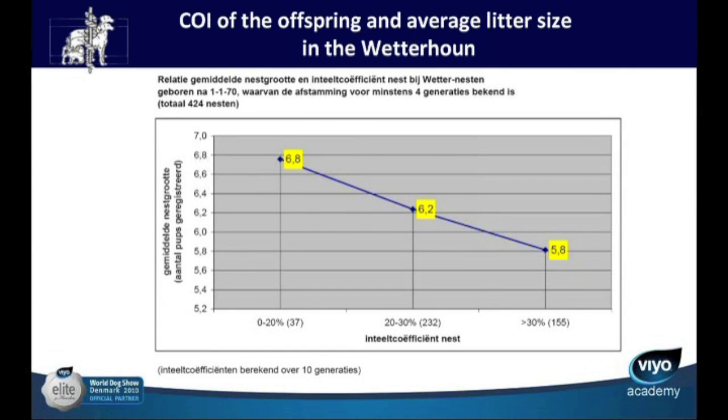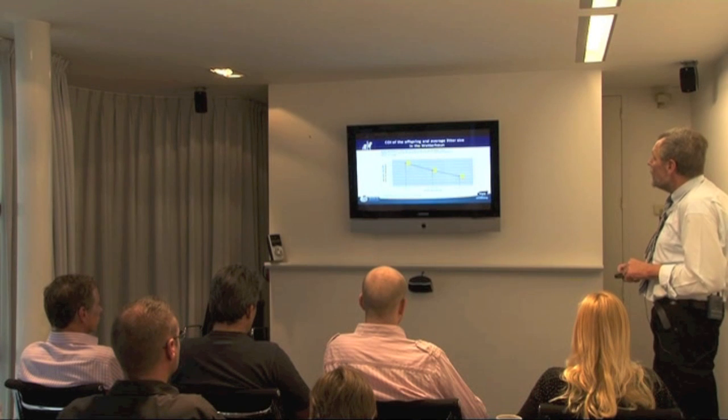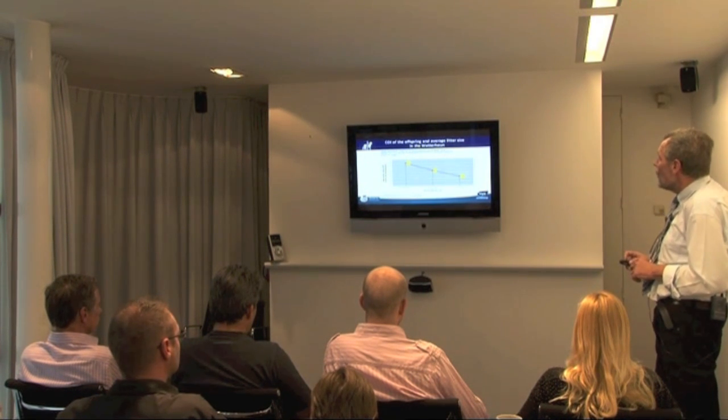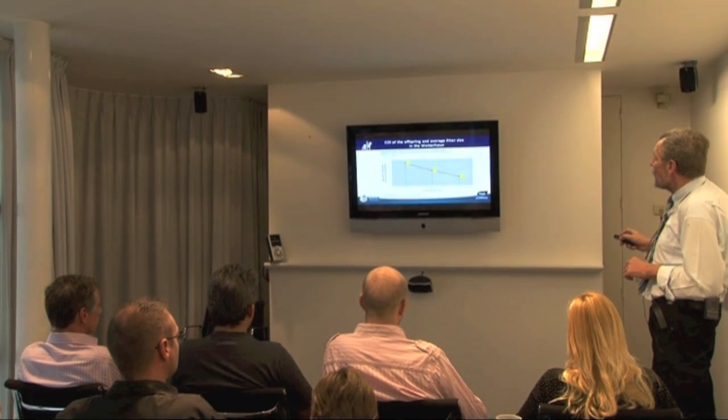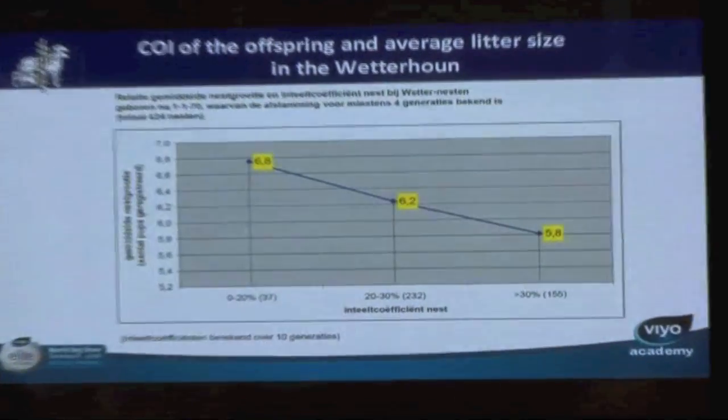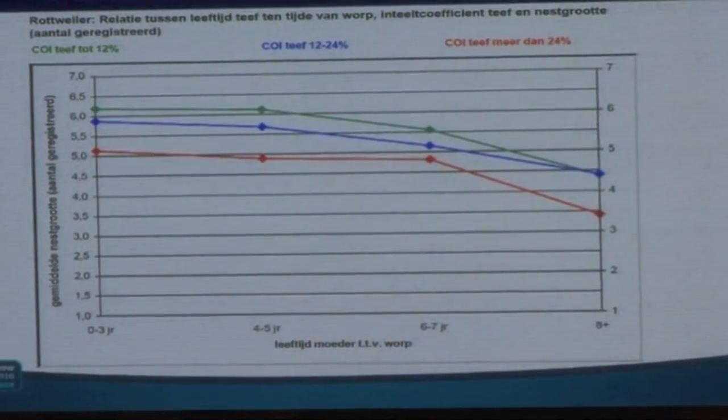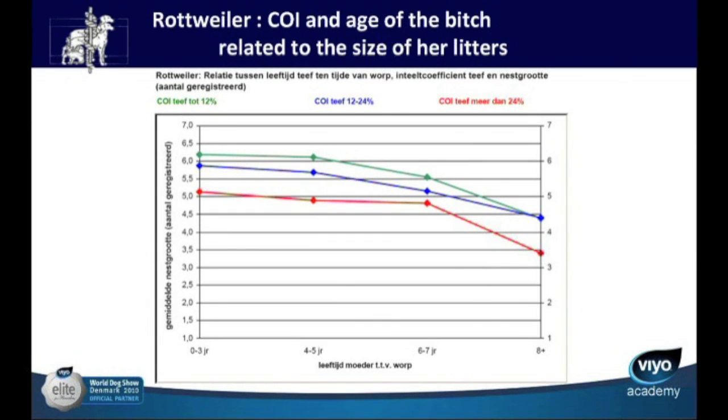Well, here in another breed, the Wetterhoen, more or less the same results, where you see that there is a clear relationship between the level of inbreeding and litter size again. Here we do have the results at the birth level.